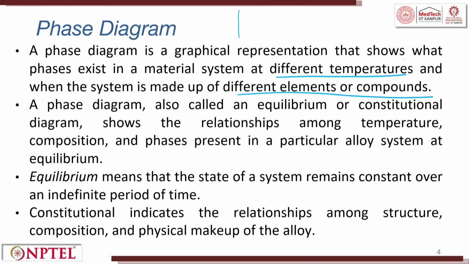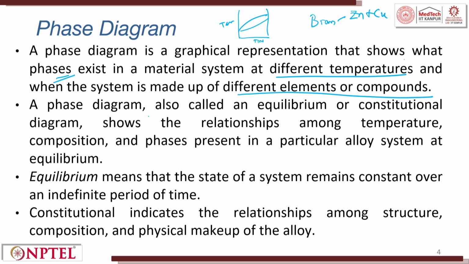In a phase diagram, you will see temperature versus time, and what the different phases are that get formed. Material system, we saw brass, in which you have zinc plus copper.